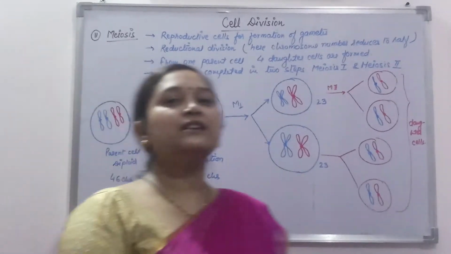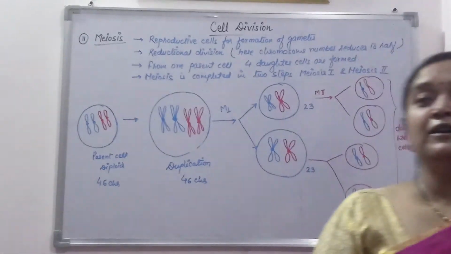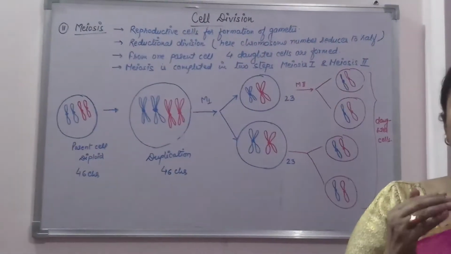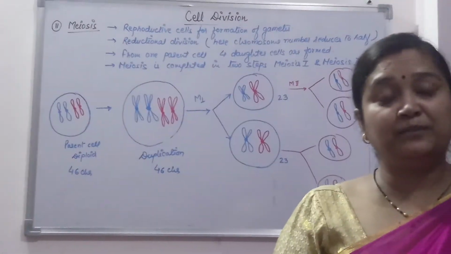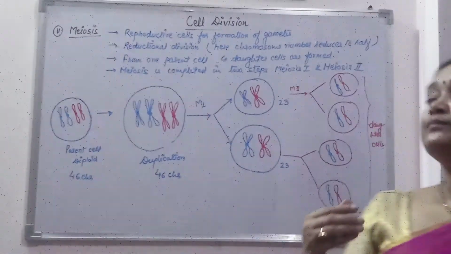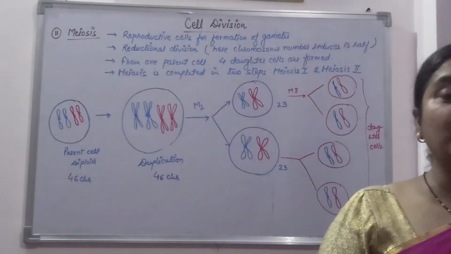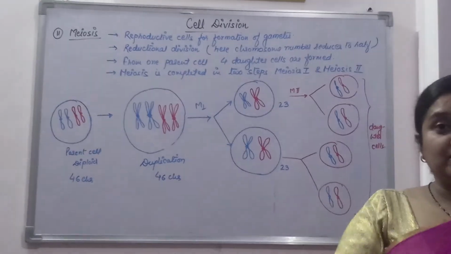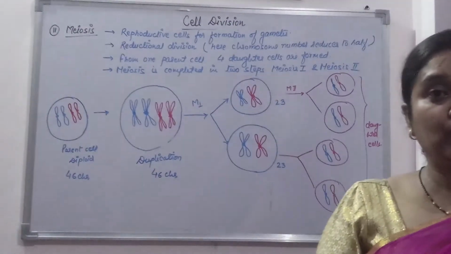So what you have to remember, some points: mitosis always takes place in the somatic cell, and it is responsible for the growth and replacement of worn, dead, injured cells, whereas meiosis takes place in the reproductive cell for the formation of gametes. In mitosis, the chromosome number does not reduce to half, okay?